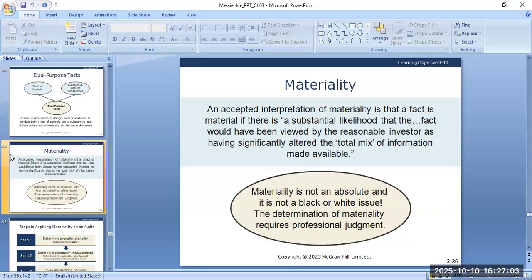Now, it requires professional judgment. Who's going to have to exercise his professional judgment? That will be the professional, which most likely will be you. So you'll be the one who has to determine the materiality by expressing your professional judgment.